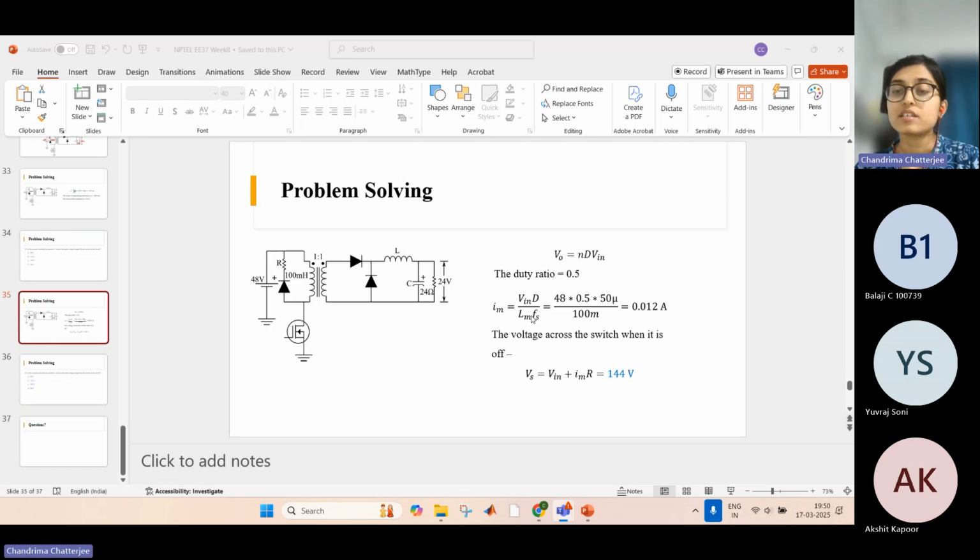Basically, a practical transformer will have some leakage and some mutual inductance, right? Usually we neglect the leakage inductance, but practically there will be some leakage. So your self inductance is the sum of the leakage inductance and the mutual inductance.